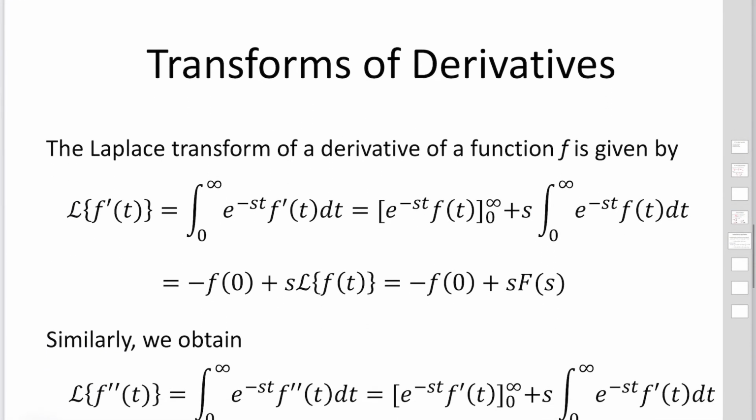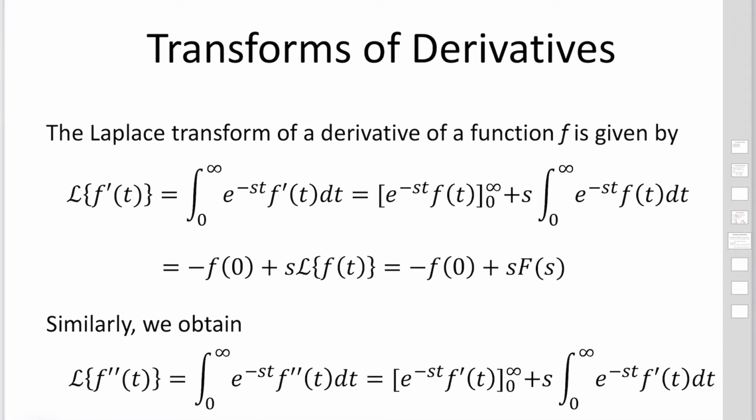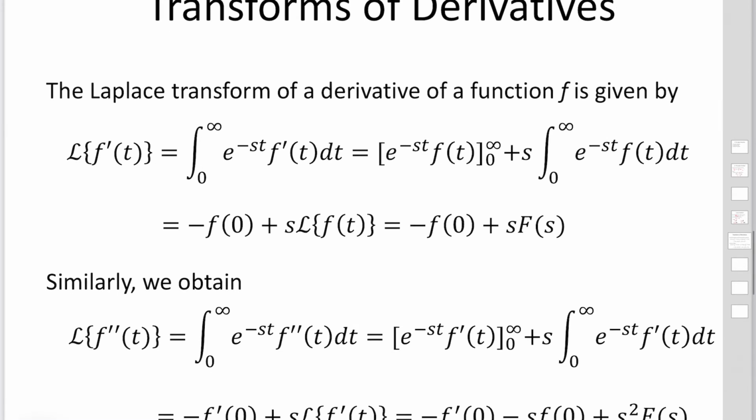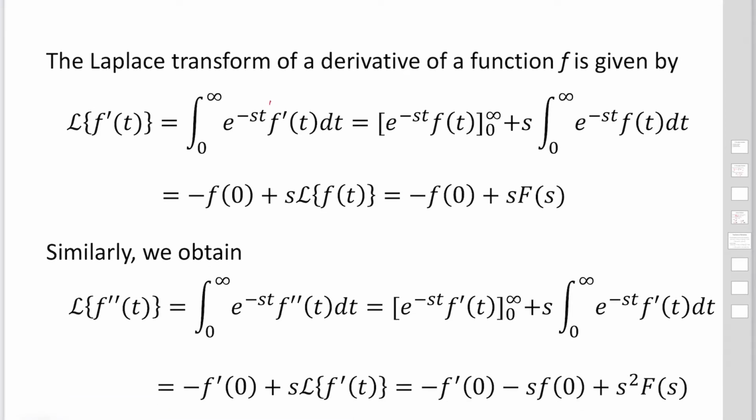Then I'd like to explain the transforms of derivatives. Laplace transform of a derivative of a function f is defined. So instead of f, you can substitute f prime. Then we can use integration by parts.